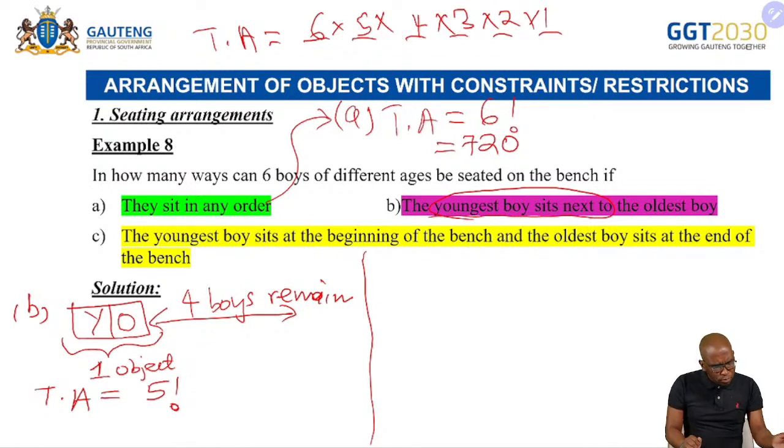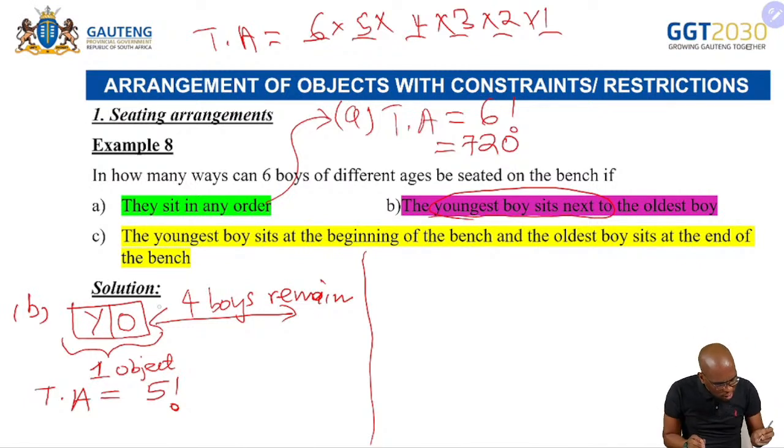Now, when we zoom into the youngest and the oldest, we can see that we can start with the youngest, then the oldest. Or we can start with the oldest, then the youngest. You see, within the group, there can be an arrangement. Within this specific group, there can be an arrangement. The youngest and the oldest can interchange positions.